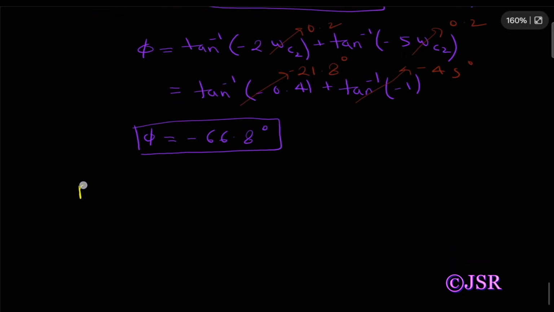So again for region 3, when omega lies between omega C2 and omega C1.